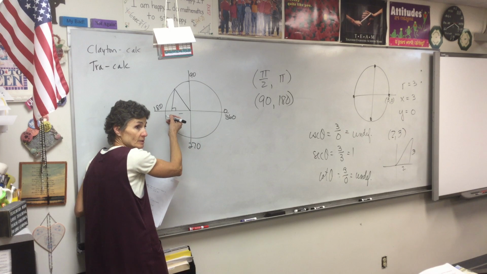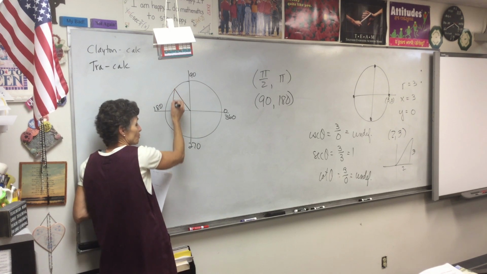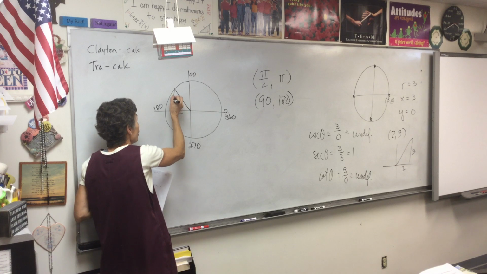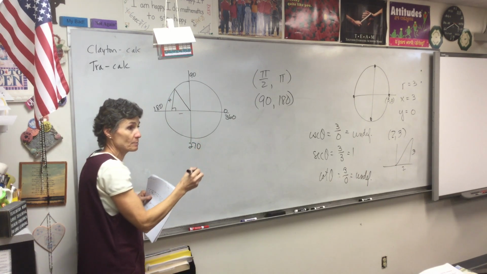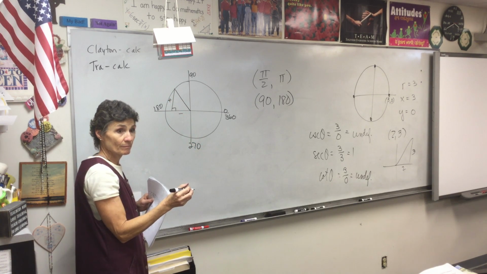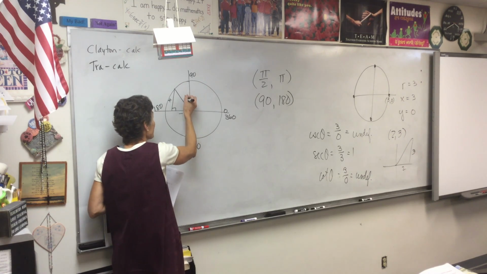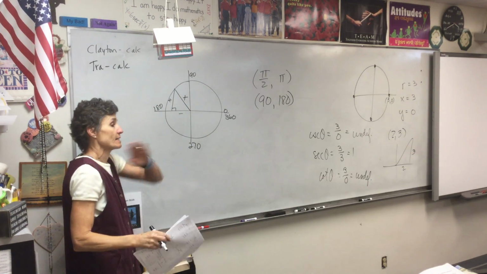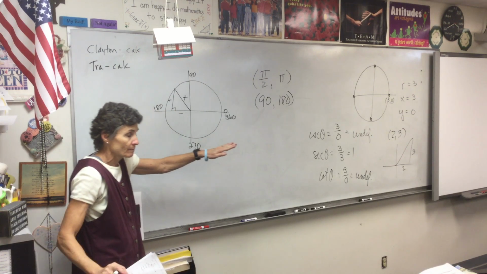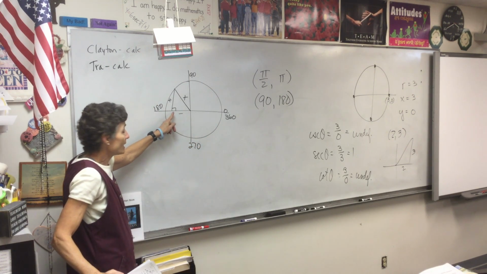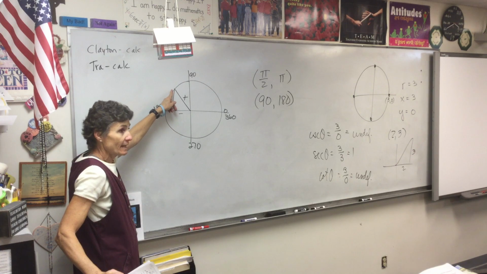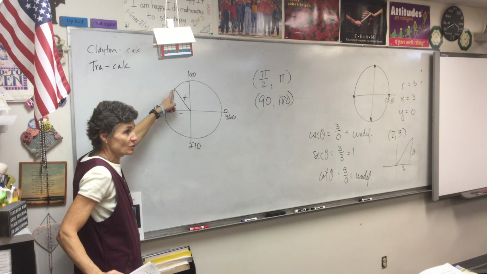Because I'm going left. What about this? Would this be negative? No, because it is going up, so it's positive. And the hypotenuse, or the radius, is always positive. X can be negative. Y can be negative. It's not in this problem.